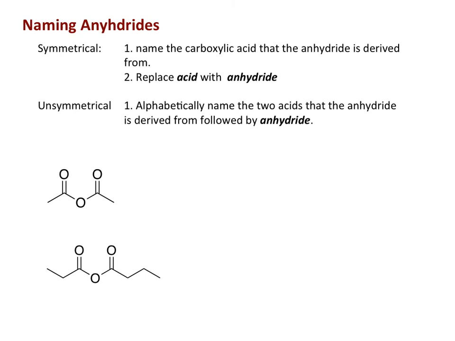Okay, the last carboxylic acid derivative that we want to look at naming, and we're just going to look at some simple molecules here, are the anhydrides. What you want to do is consider the two acids that essentially came together to form the anhydride.